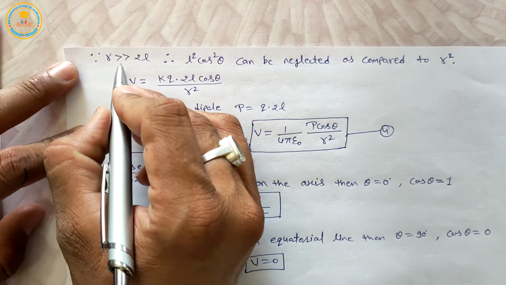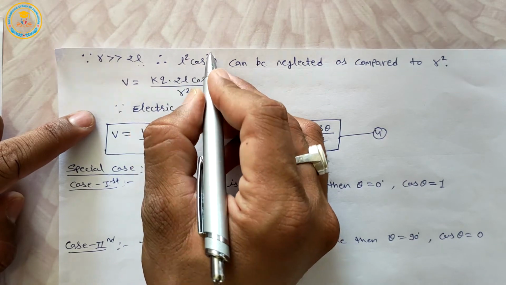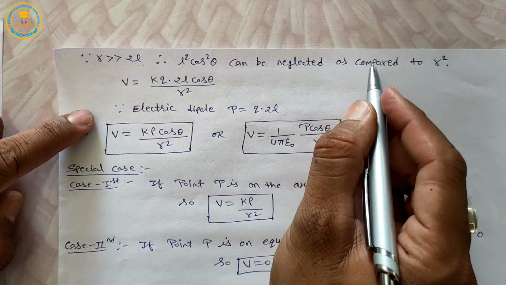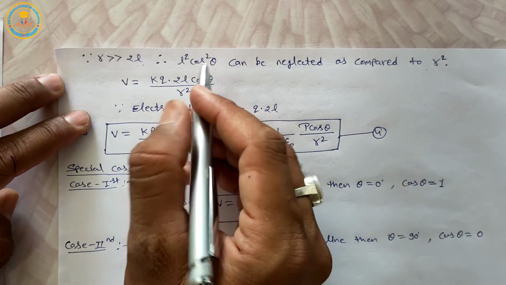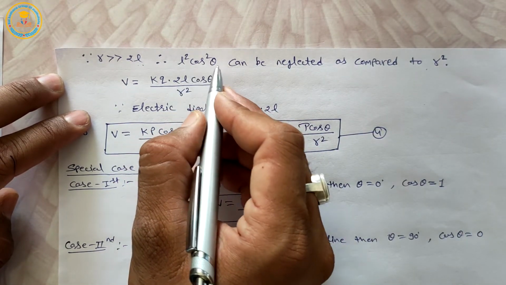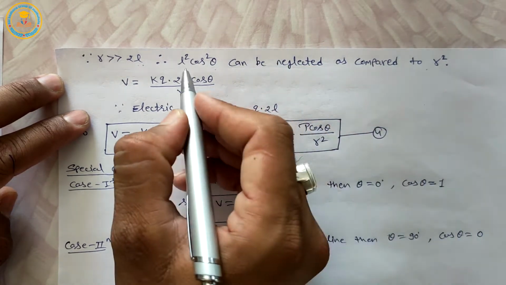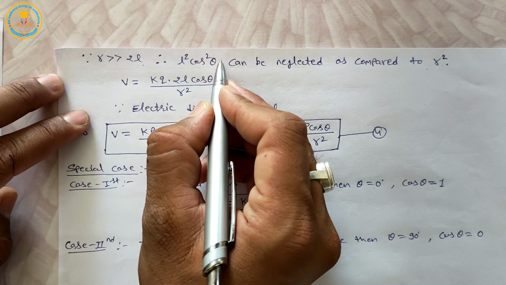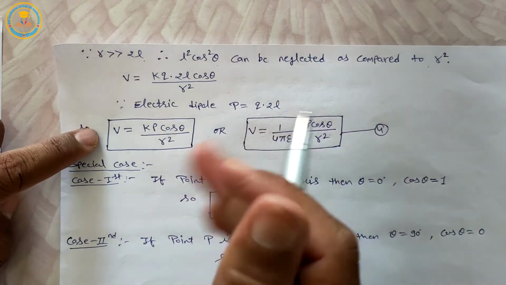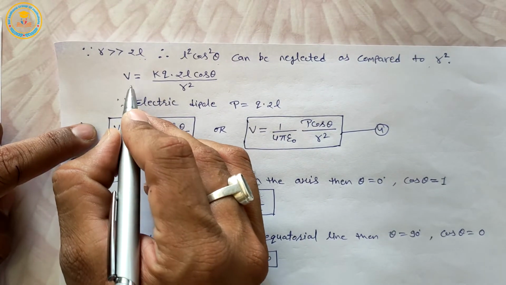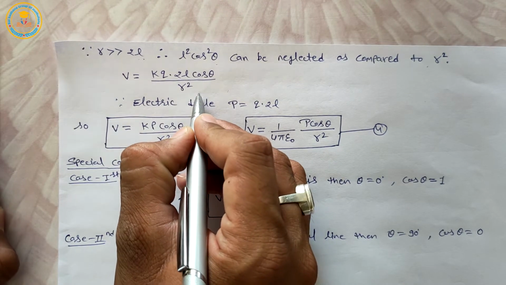Since R is much greater than 2L, L square cos square θ can be neglected as compared to R square, because the value of L square cos square θ is very small compared to R square, a higher order term. Then we get V is equal to KQ 2L cos θ upon R square.